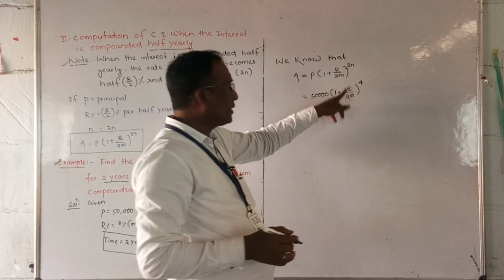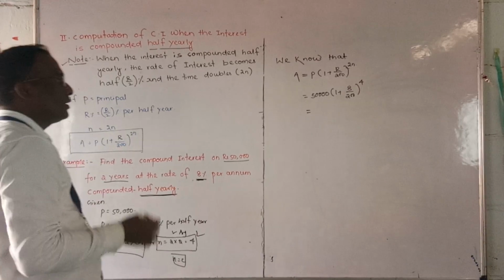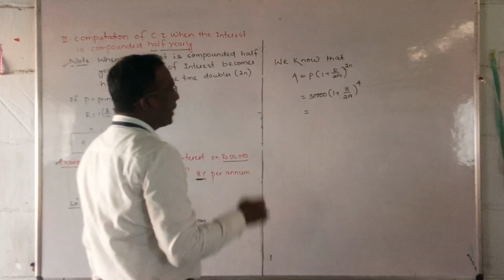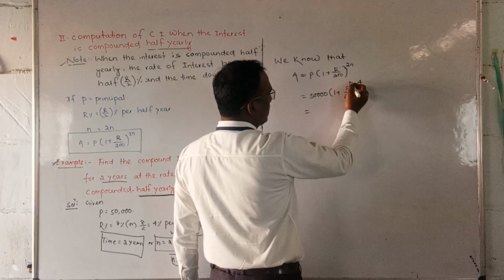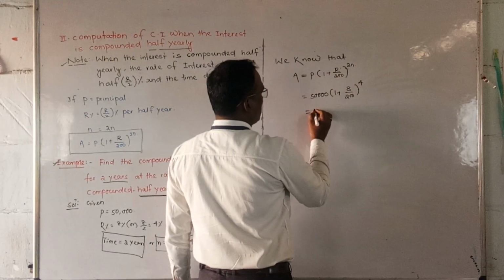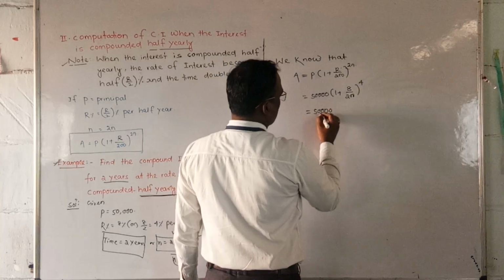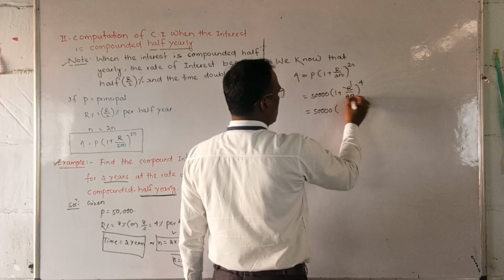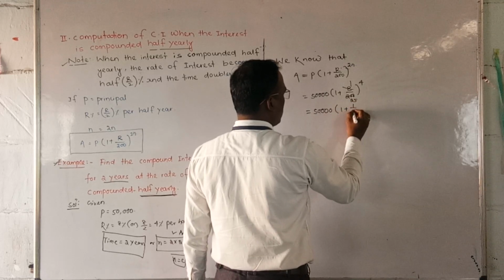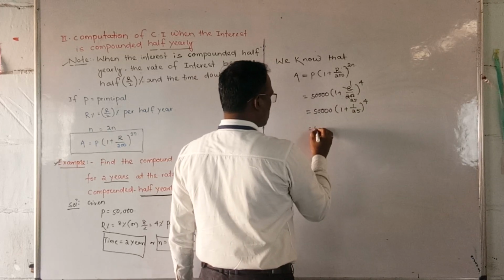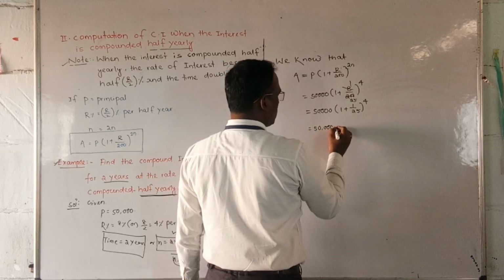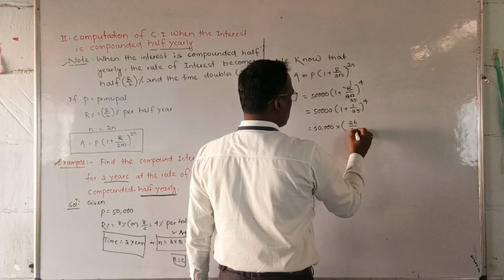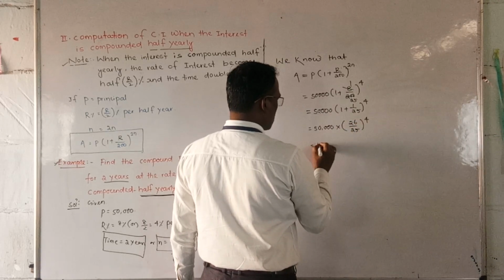So now 50,000, if you cut, 1 plus 1 by 25 whole power 4. 50,000 into, if you take the LCM, 26 by 25 whole power 4. 50,000 into 26 by 25, 4 times you have to multiply: 26 by 25, 26 by 25, 26 by 25.